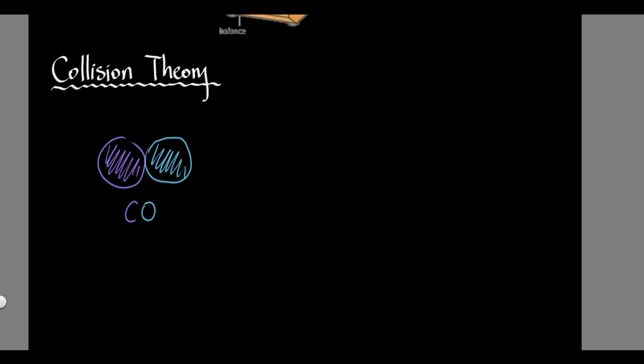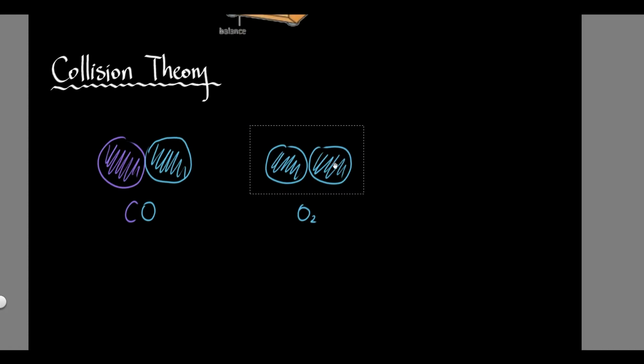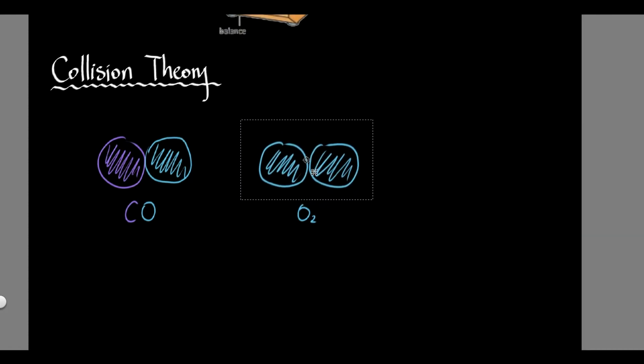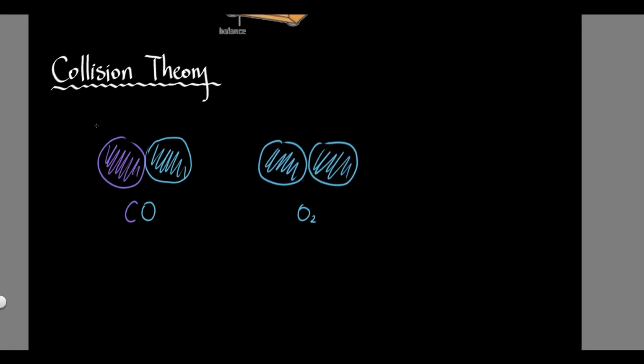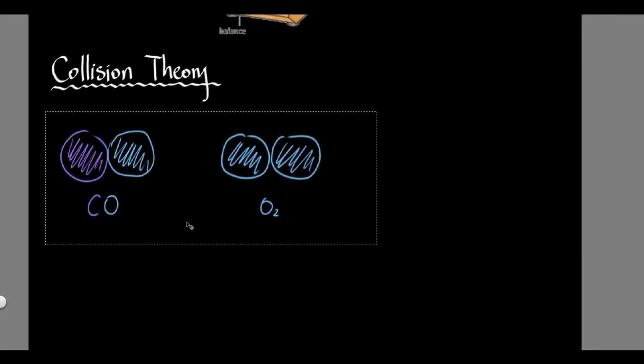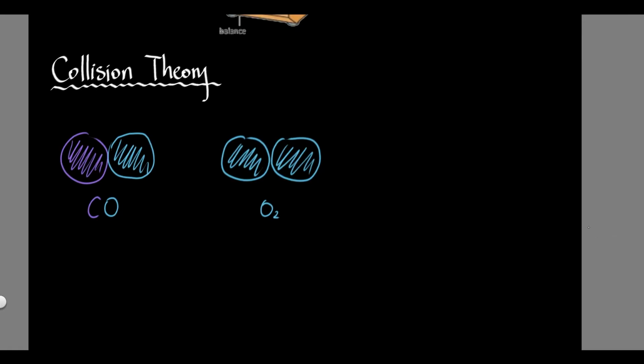I'll do it like this so you know which is which. And then we have our happy little, very standard oxygen molecule. So this is our carbon monoxide and this is our oxygen. This oxygen is a bit small, so I'm going to increase it in size. So we have a carbon monoxide molecule and an oxygen molecule.